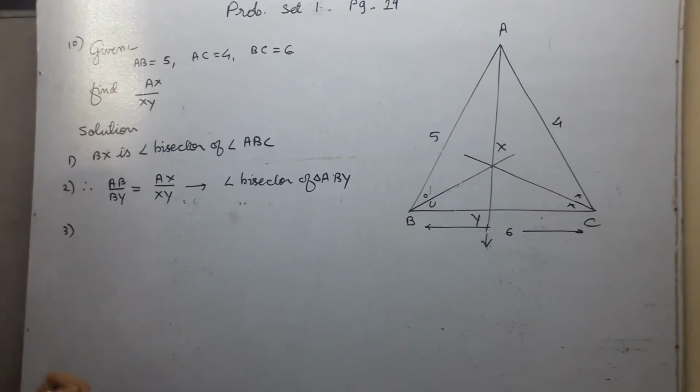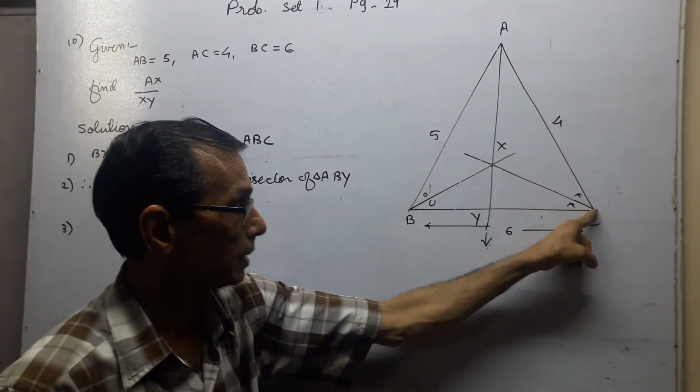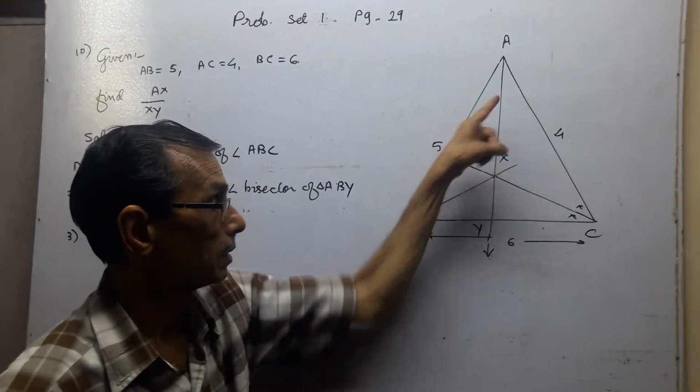Similarly, CX is angle bisector of angle ACY of this triangle.